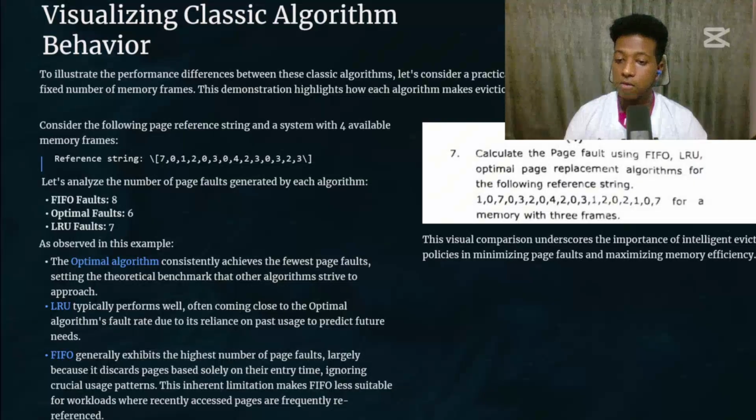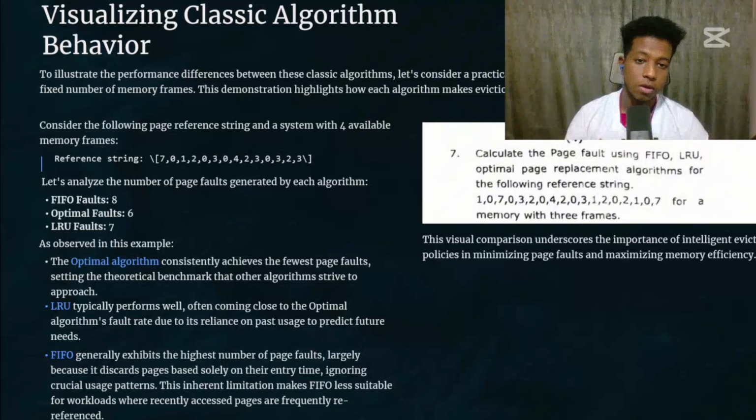And FIFO generally exhibits the highest number of page faults, largely because it discards pages based solely on their entry time, ignoring crucial usage patterns. These inherent limitations make FIFO less suitable for workloads where recently accessed pages are frequently re-referenced.